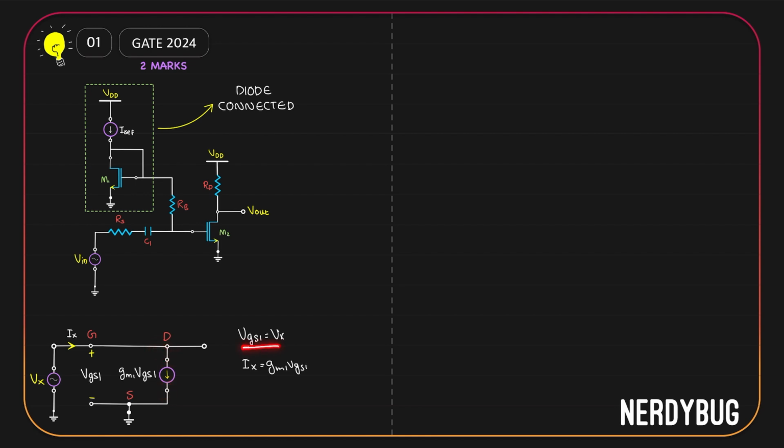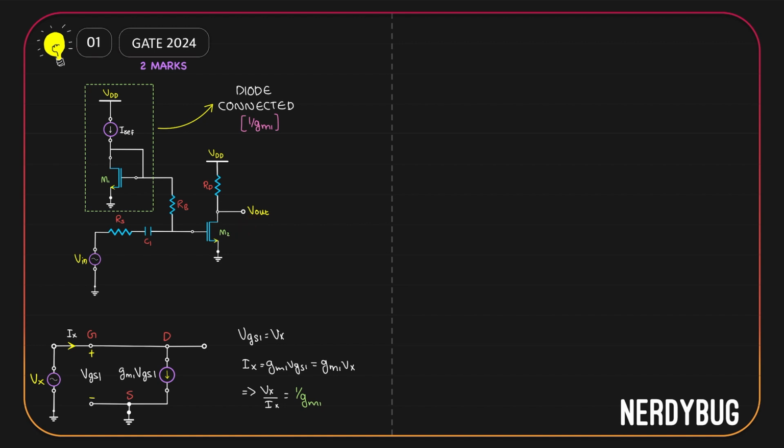But VGS1 is Vx. So we get Ix is gm1 Vx, or Vx by Ix is just 1 by gm1. So this much of the circuit can be modeled as a resistor whose resistance is simply the inverse of the transconductance of MOSFET 1. Now, with that idea, let us draw the small signal model of the common source amplifier.